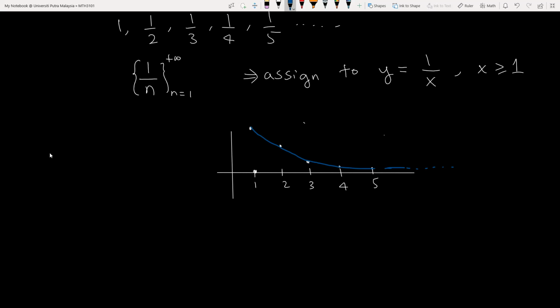So the next thing that you need to know is, as usual in calculus, you need to learn to put the limit in everything. So you need to see the behavior of the sequence when the number of terms goes to infinity. Okay, so kalau contohnya kalau saya buat macam ni, let's say this is the limit of sequence.